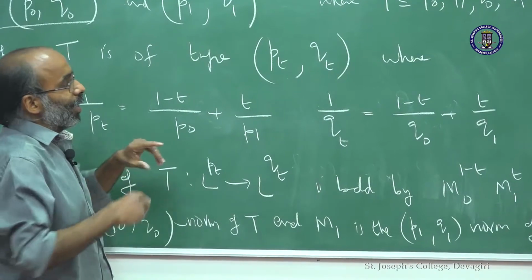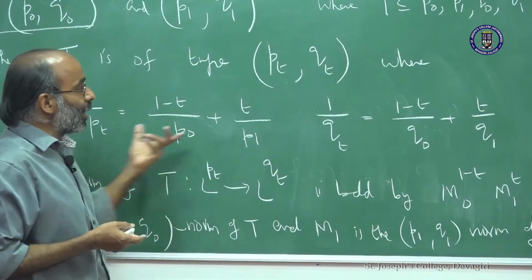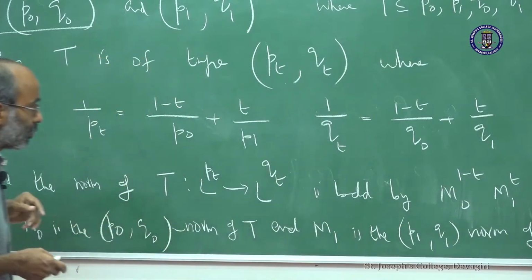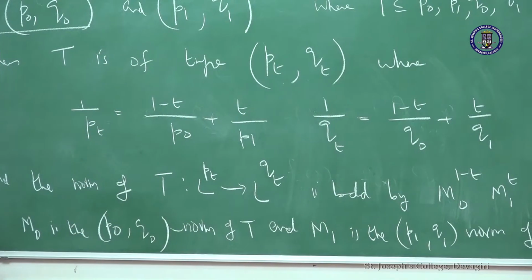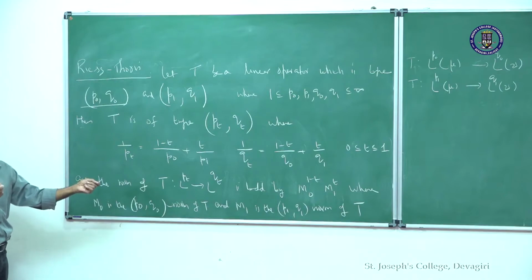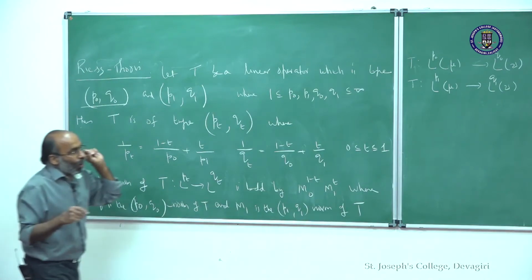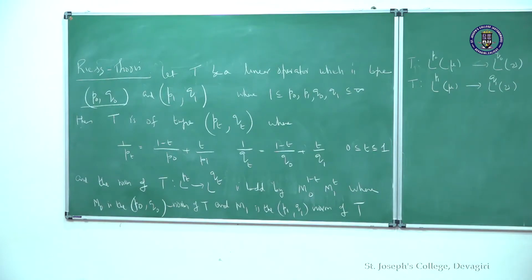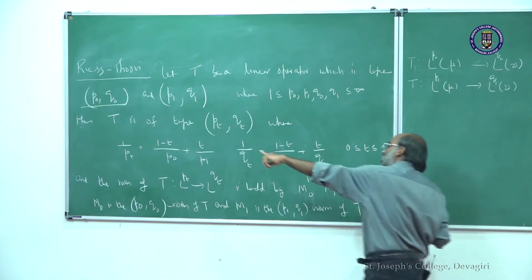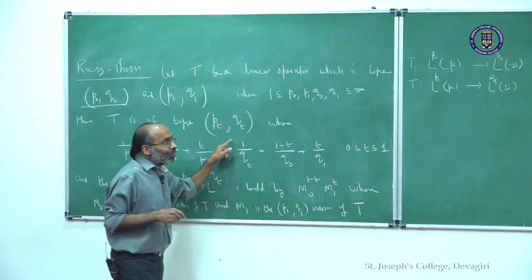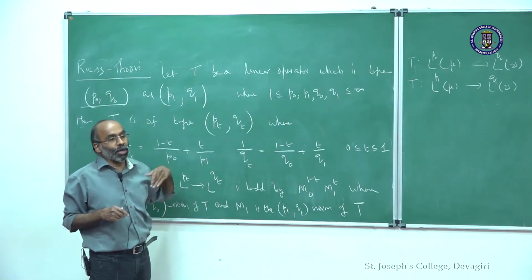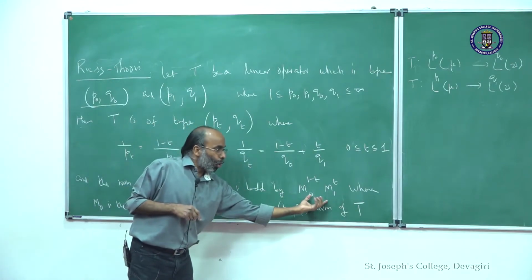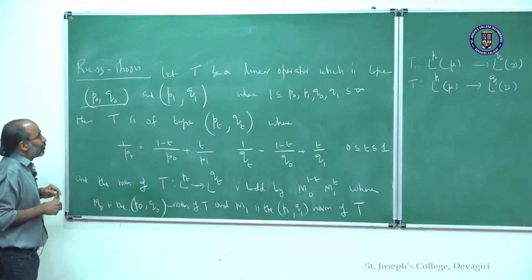If you look at the reciprocals, they are related linearly. Okay. So, there is an explicit formula. If I give you 2 points in the square, you can join the line, and whatever point I take on that line will give me a (pt, qt) like this, and my operator T will be bounded there. Not just bounded, there is a bound on the norm. We will come to that later. Okay.